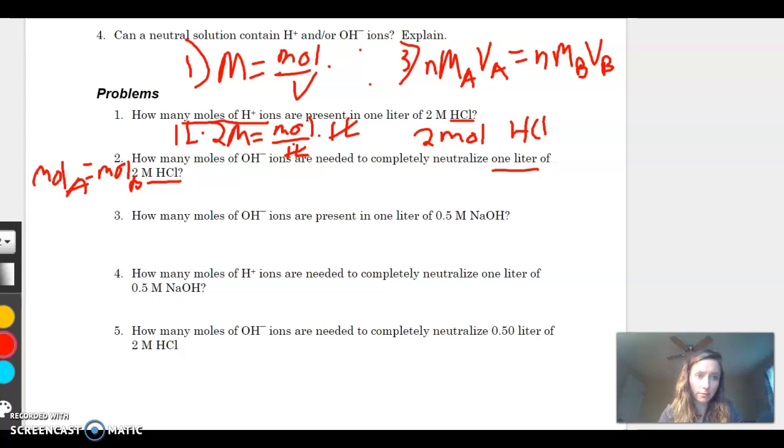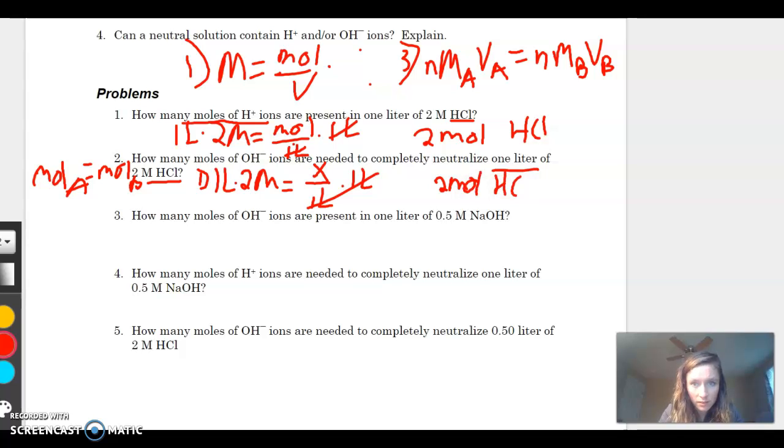So let's just solve for moles of acid, and then we'll have our answer. We know that we have a 2 molar acid that has a volume, I'm using equation 1. 2 molar, it's in 1 liter, and we don't know our moles. Again, we multiply each side by 1 liter, and then we get our moles are 2 moles of HCl.